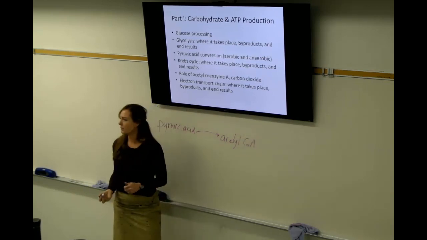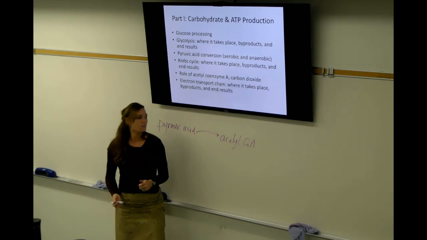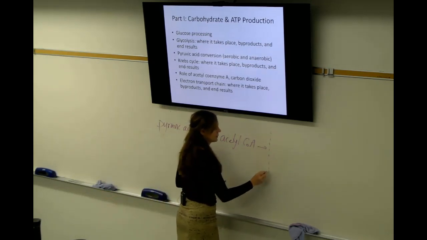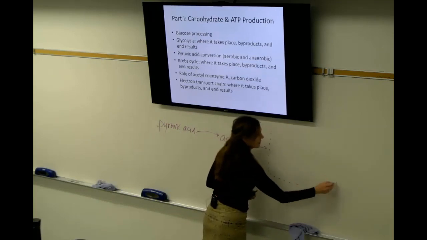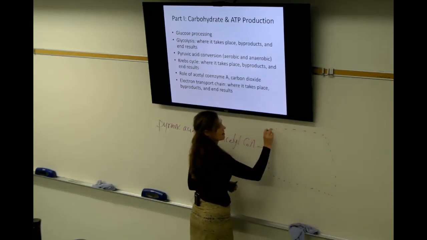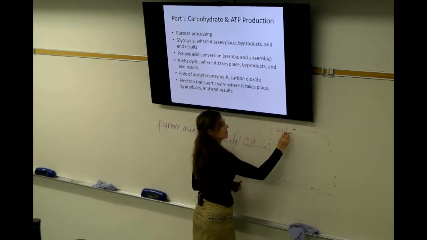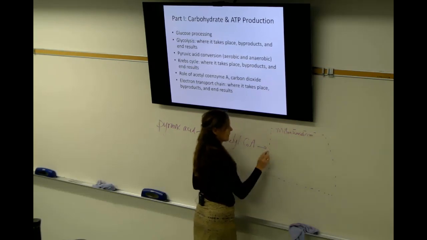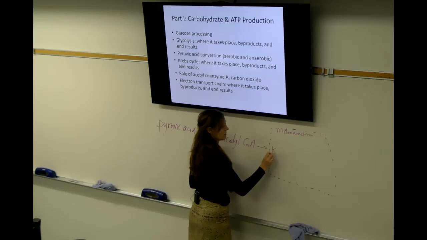Acetyl-CoA is going to go where? I'm going to do a little dotted line here, because we're now in the mitochondria. Okay, so it's going to go into the Krebs cycle.